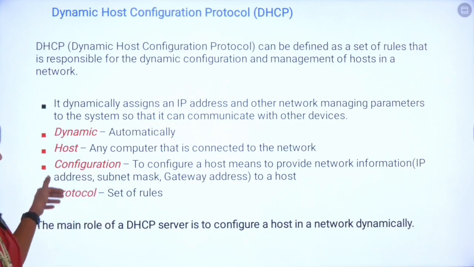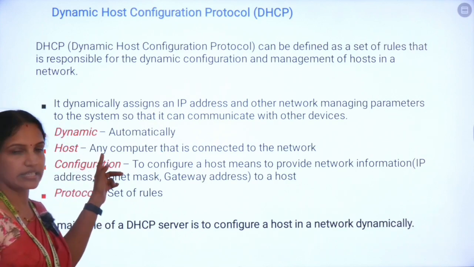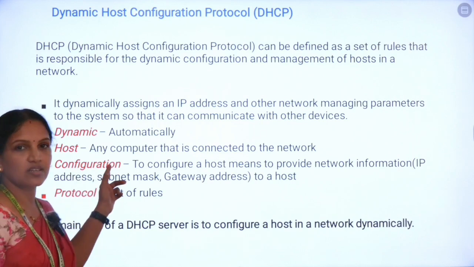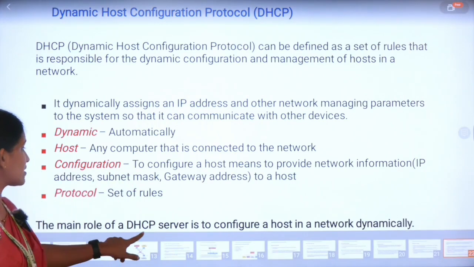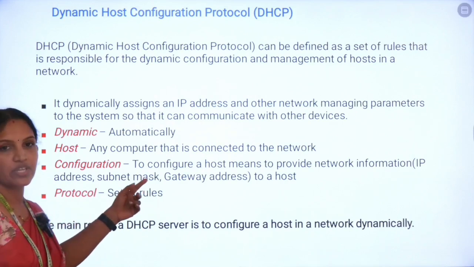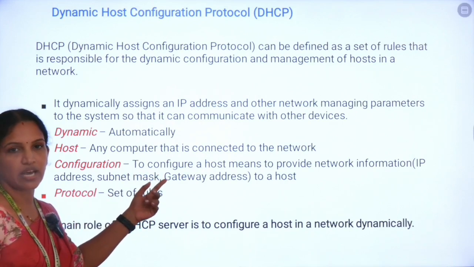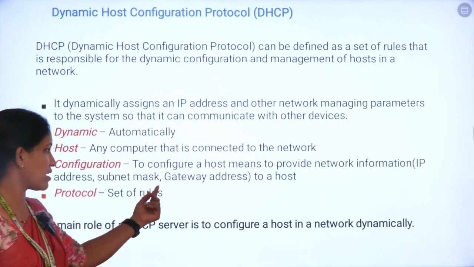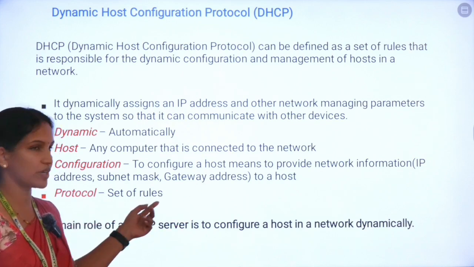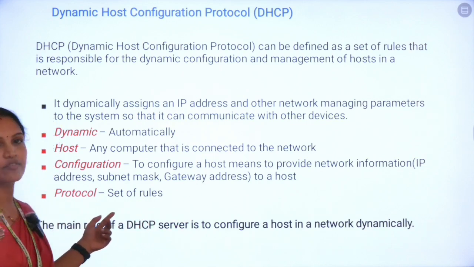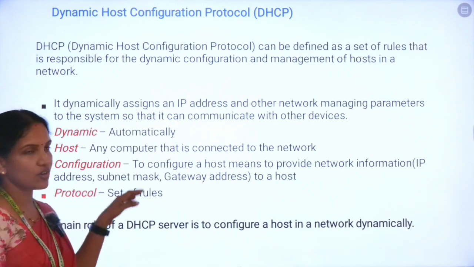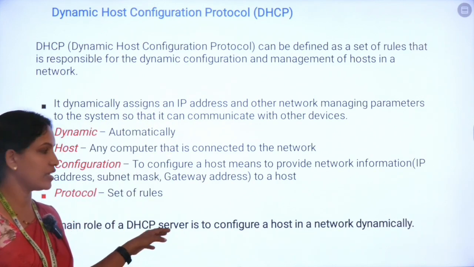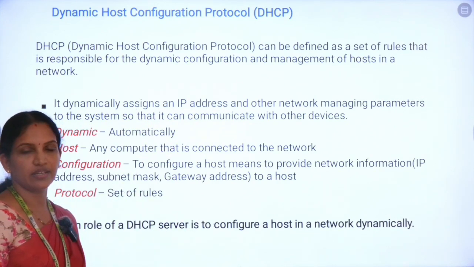If you see the word meanings, dynamic means automatically, host means any computer that is connected to the network, configuration means to configure a host with the IP address or subnet mask or gateway address, whatever it is. Then the protocol defines a set of rules. So combined, we can say that the main role of DHCP is to dynamically configure the host in a network.